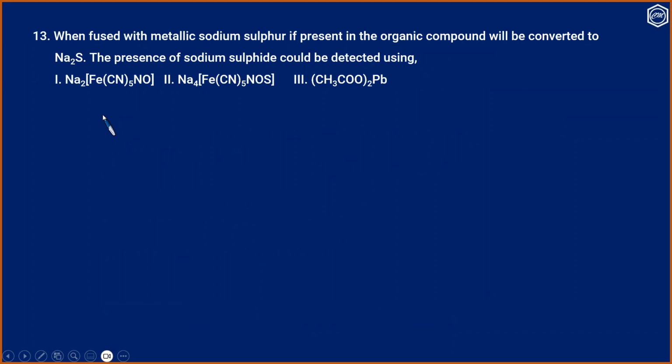Question 13. When fused with metallic sodium, sulfur, if present in the organic compound, will be converted to sodium sulfide. The presence of sodium sulfide could be detected using 1. Na2[Fe(CN)5NO], 2. Na4[Fe(CN)5NOS], 3. (CH3COO)2Pb.